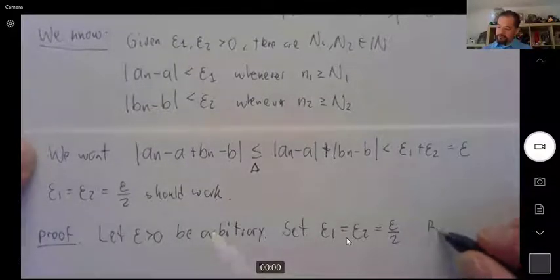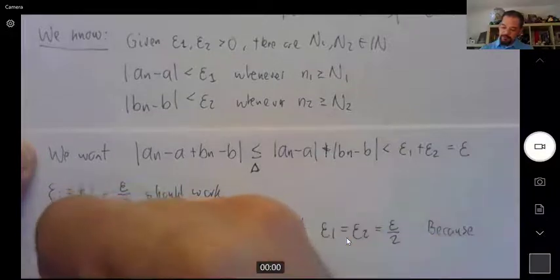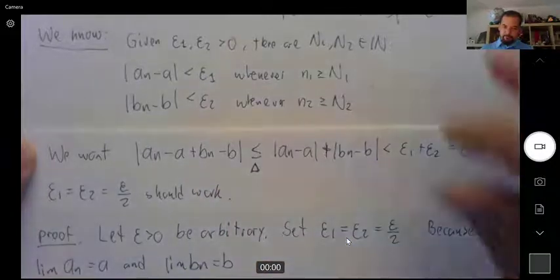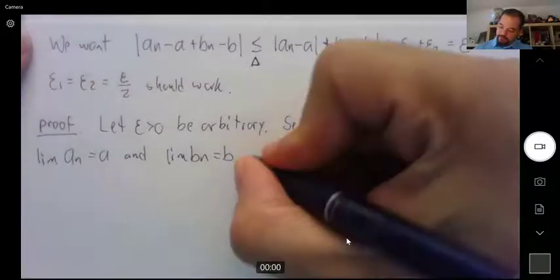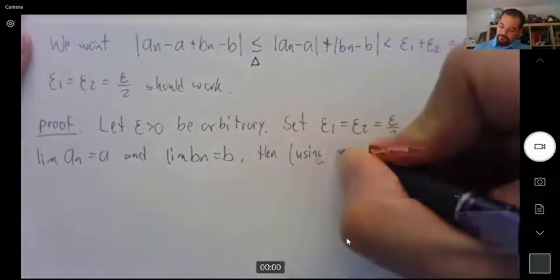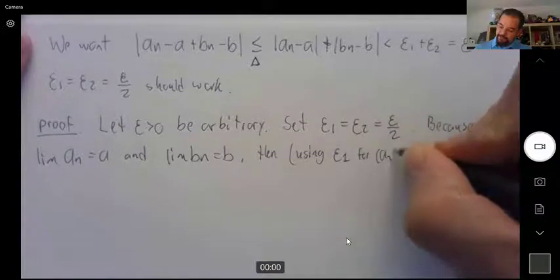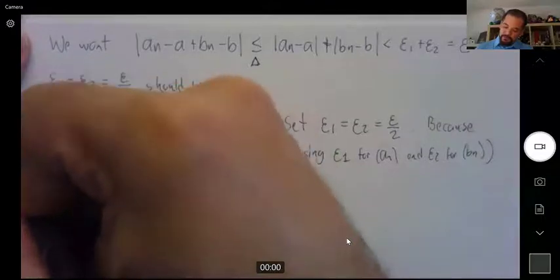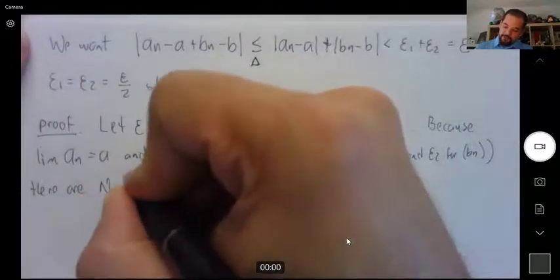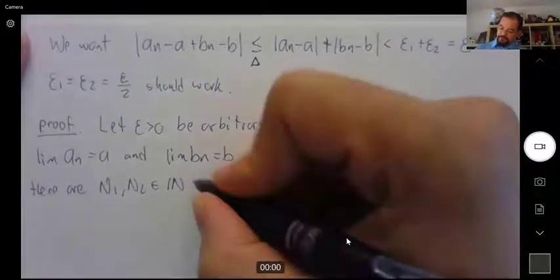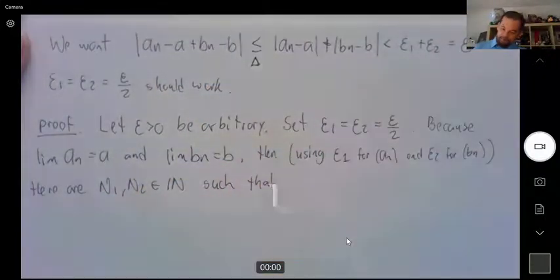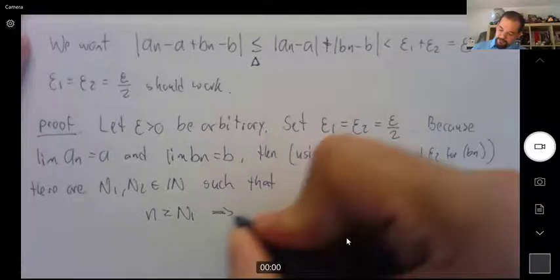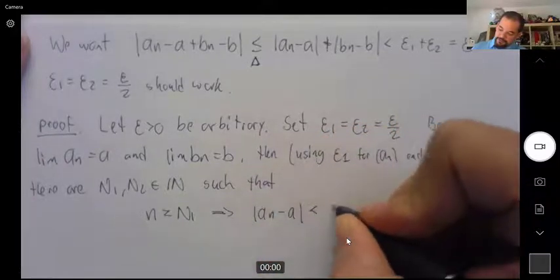Then, because the limit of an equals a and the limit of bn equals b, then, and here in parentheses, using epsilon-1 for an and epsilon-2 for the sequence bn, there are n1 and n2 natural numbers such that if n is bigger than n1, greater than or equal, then an minus a is less than epsilon-1.